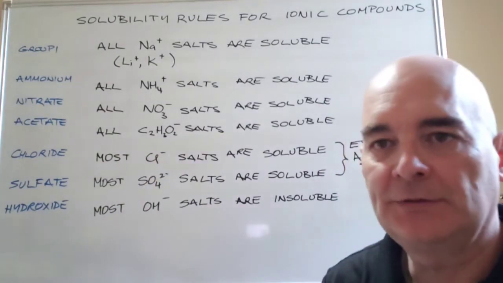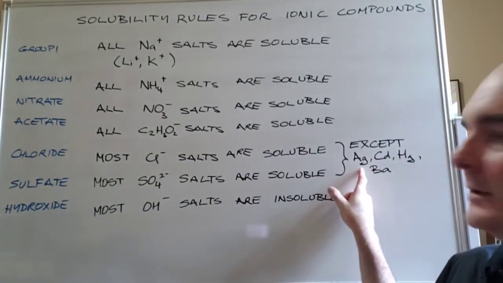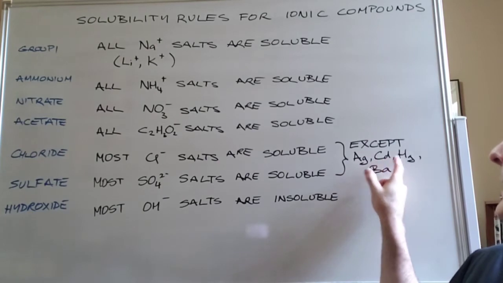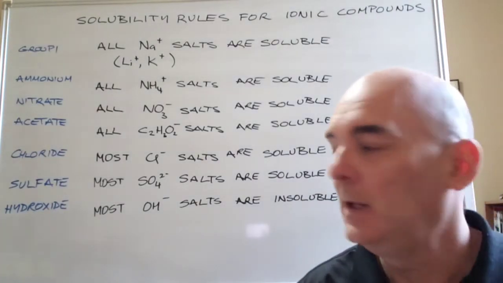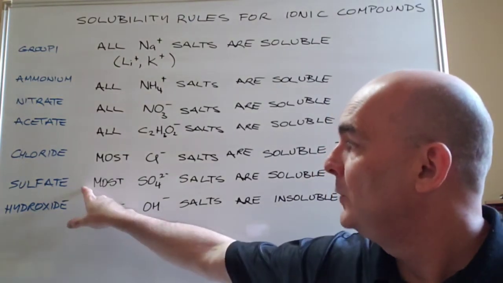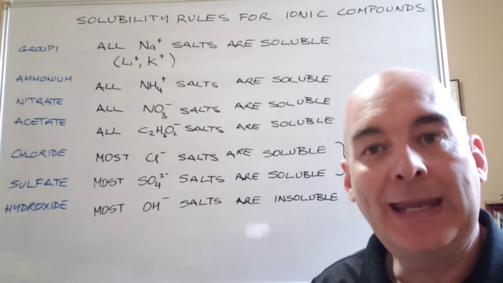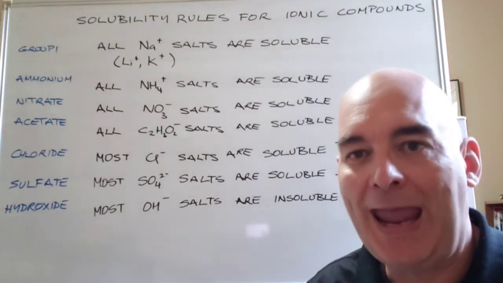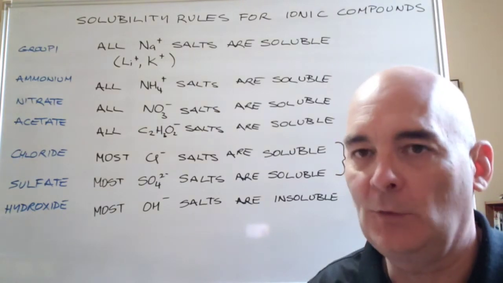Most chlorides, but not all chlorides. The chlorides of heavy metals like silver, cadmium, mercury, they are not soluble in water. Most sulfates are soluble in water, again with the exception of the heavy metals, the lead, the mercury. Those sulfates are not soluble in water.